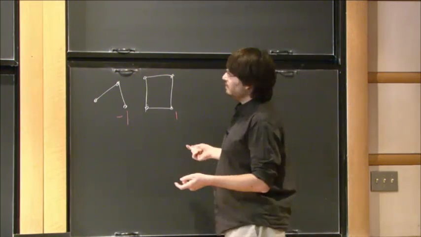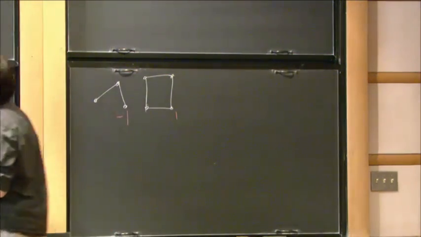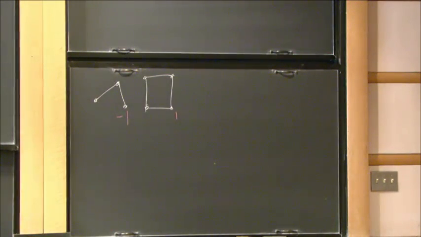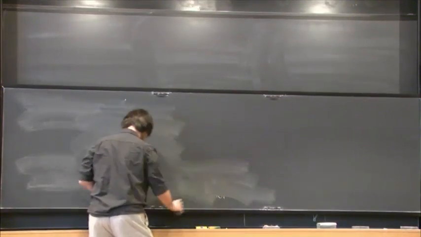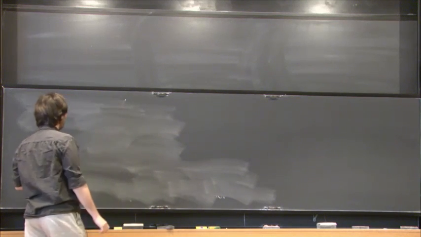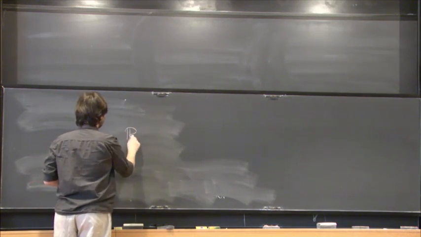So we encode these two obstructions in an algebraic way. We have a function on the vertices.